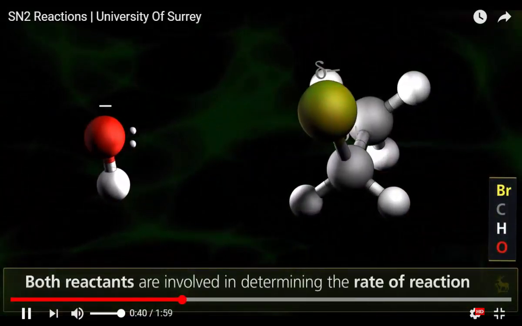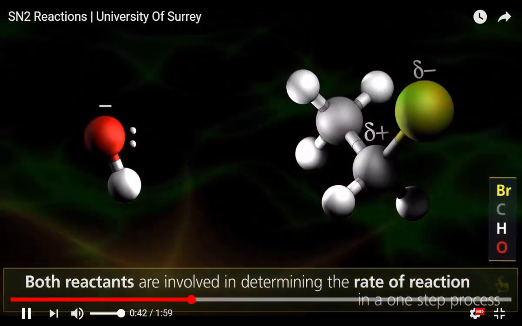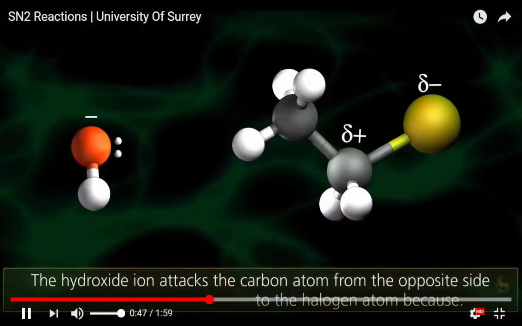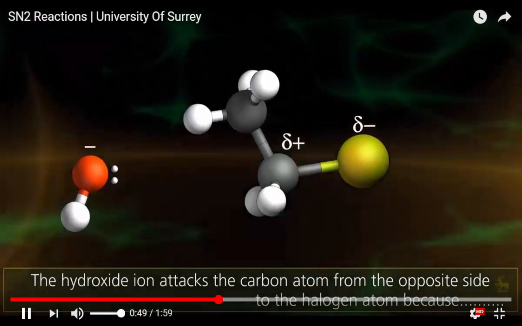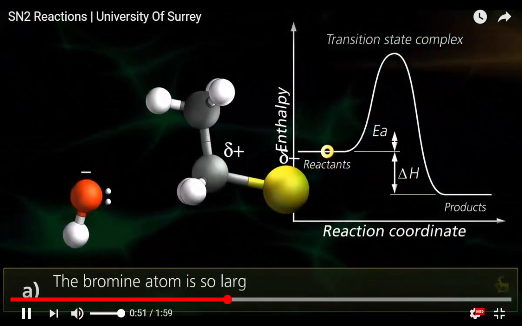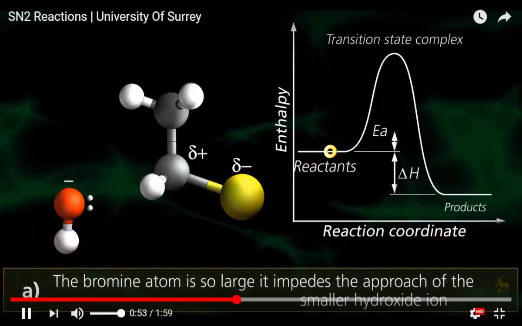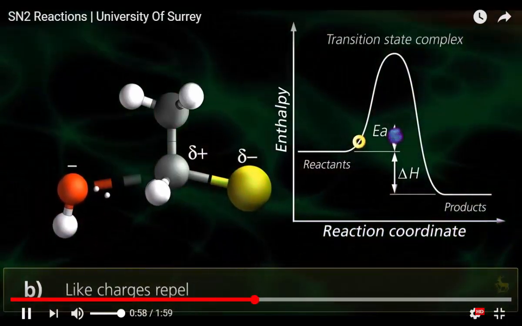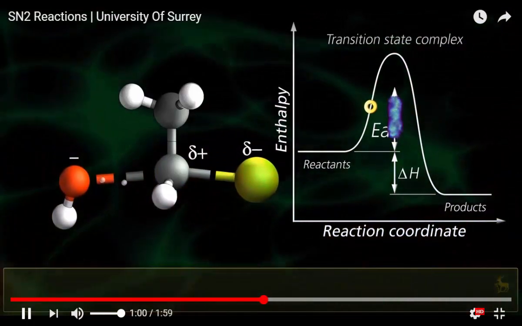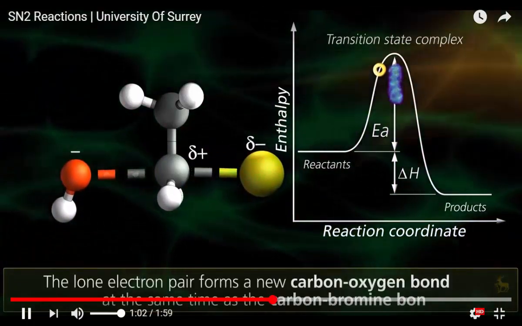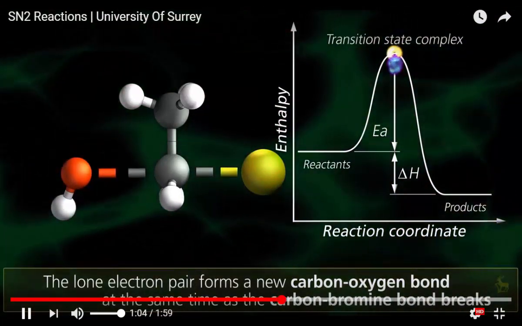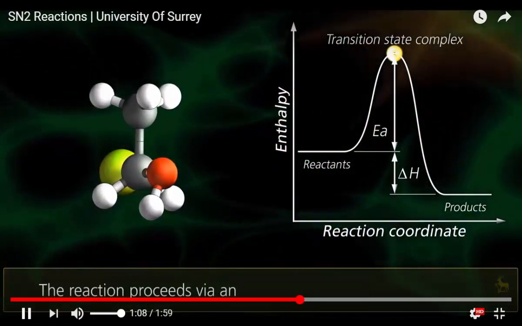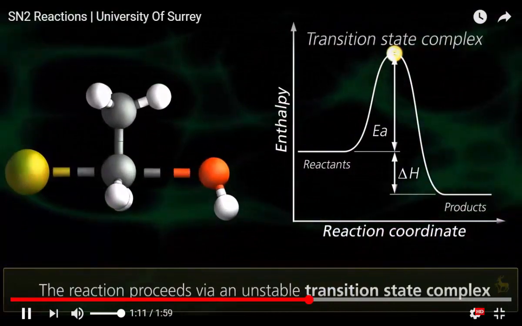Both reactants are involved in determining the rate of the reaction in a one-step process. The hydroxide ion attacks the carbon atom from the opposite side to the halogen atom, because the bromine atom A, is so large it impedes the approach of the smaller hydroxide ion, and B, it repels the negative charge nucleophile. The lone electron pair on the nucleophile forms a new dative covalent bond with the partially charged carbon atom to give an unstable transition state complex.